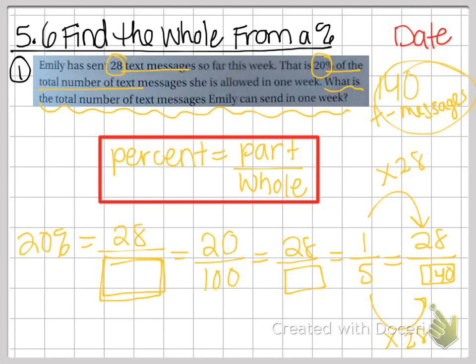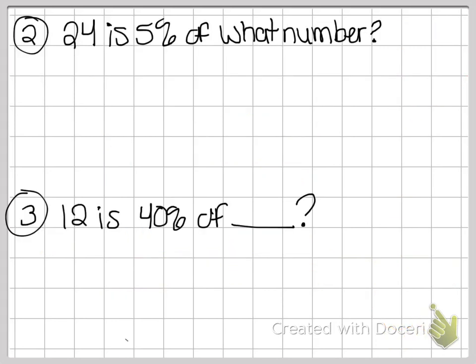All right, our next example, 24 is 5% of what number? Okay, start off by setting these up as fractions. My percent, 24 over 100 is equivalent to 5%.